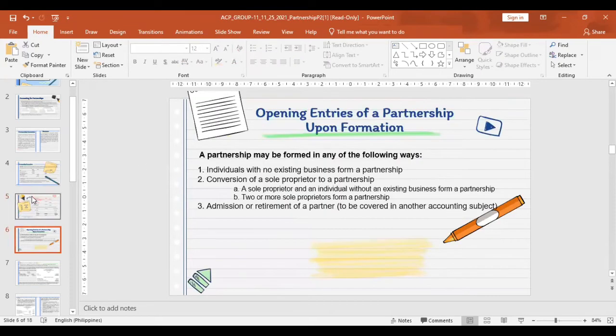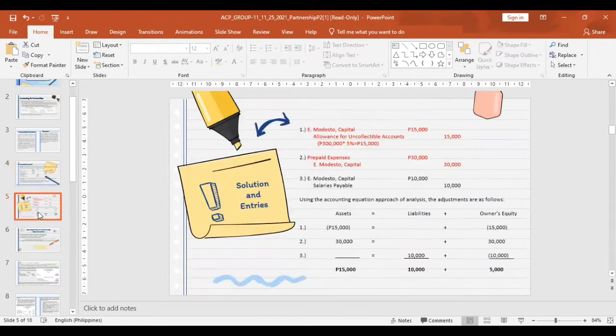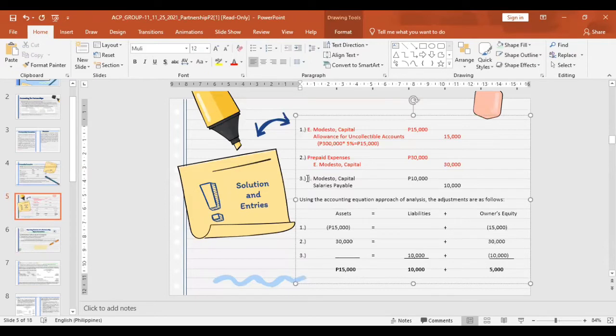So, next naman. So, additional salaries payable amounting to 10,000 to be established. So, meron daw accounts payable na babayaran. So, hindi ka na magre-record ng expense. Diretso mo na siya sa payable, sa capital. Di ba kung naaalala niyo yung expanded na equation ng accounting, yung expenses mo ilagay siya sa capital mo. So dito diretso mo na siya.